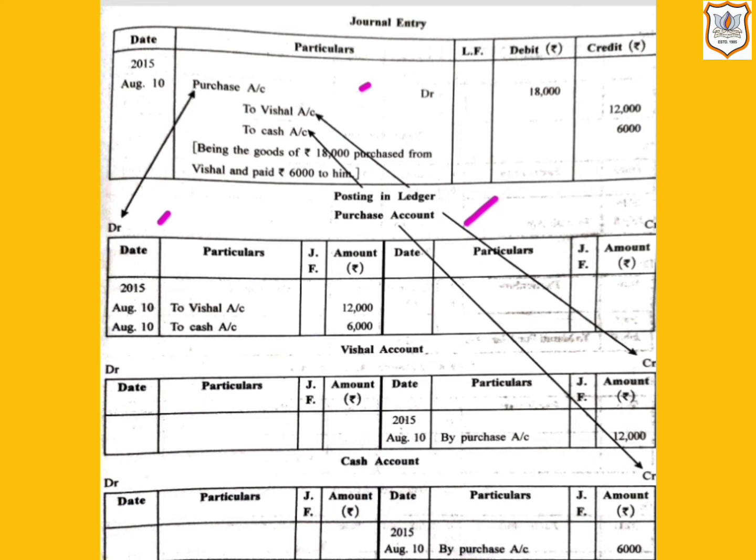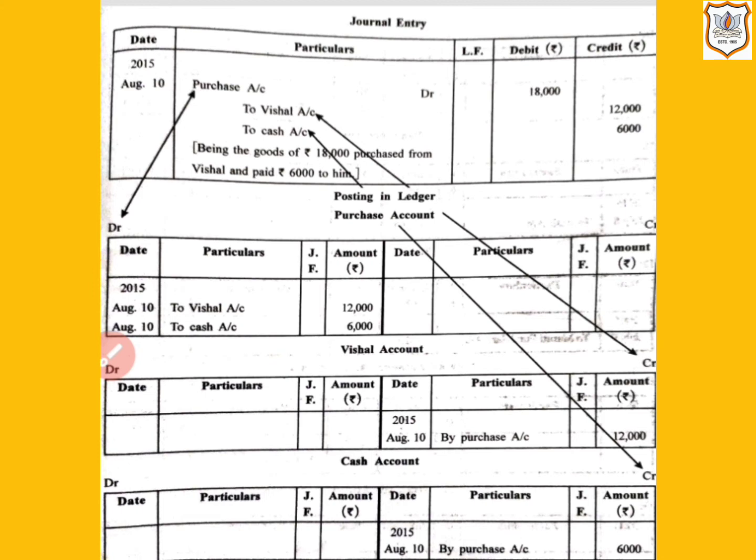Now, first let us enter date in date column. Here, date will be written. First, we will write year, that is 2015, August 10. While posting in any account, in the column of particulars, the name of the account having an opposite effect will be shown.